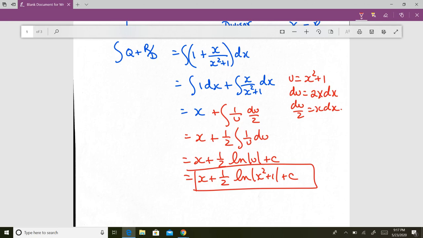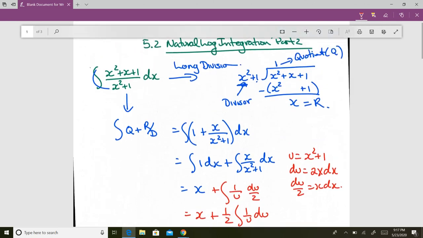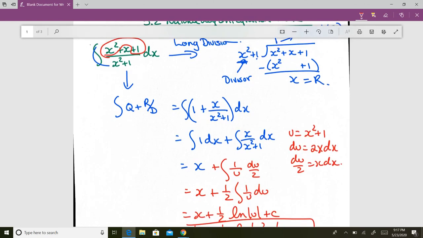Now, there is another way to do this. If you look at this integral, and you look at the numerator, it's got an x squared, it's got a 1. So does the denominator. So I can rewrite this without doing long division. I can simply just write it as, let's do this in a different color.